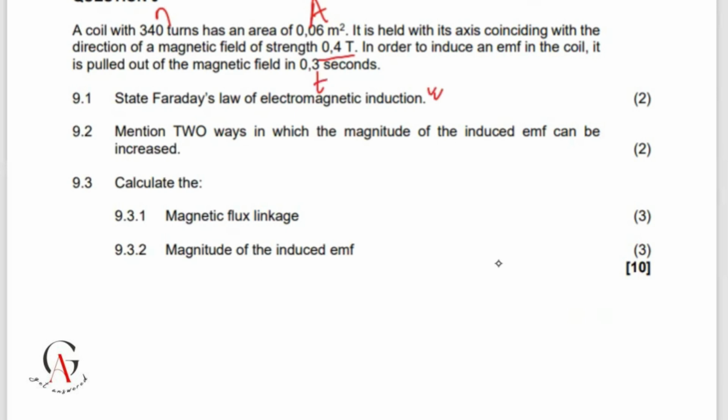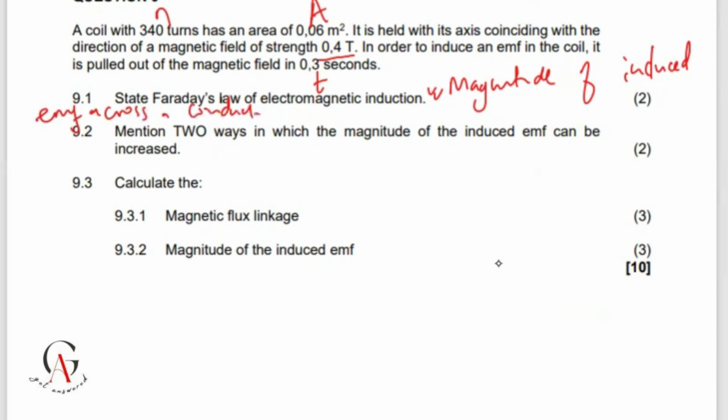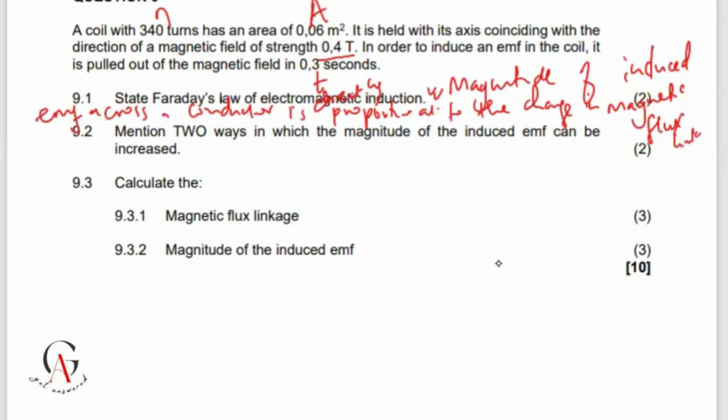And so we know that the magnitude of the induced EMF across a conductor is directly proportional to the change in magnetic flux linkage. Okay, so that is that.